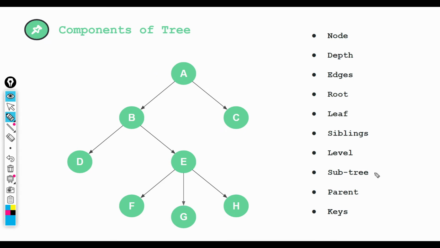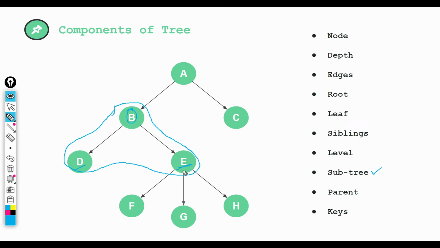Now, moving forward to the next component, that is subtree. A subtree of a node is defined as a tree which is a child of a parent node. So we have node A, for which the child node is B. Now B has its own children, that is D and E. So if you look into this graph, it is creating a subtree in the main tree, right?